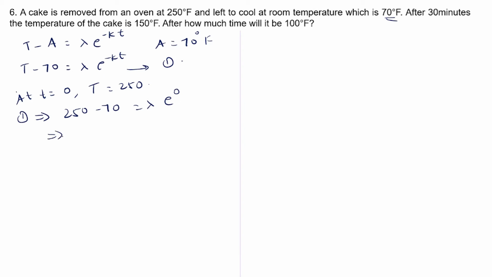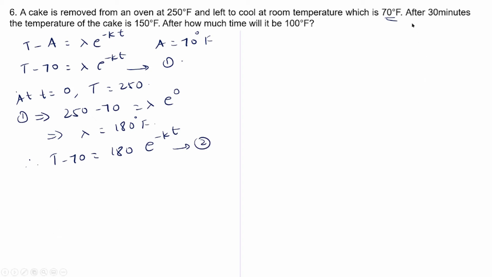So from this we have lambda is equal to 180 degree Fahrenheit. Therefore, T minus 70 is equal to 180 into e raised to minus kt. So let us mark this as equation 2.